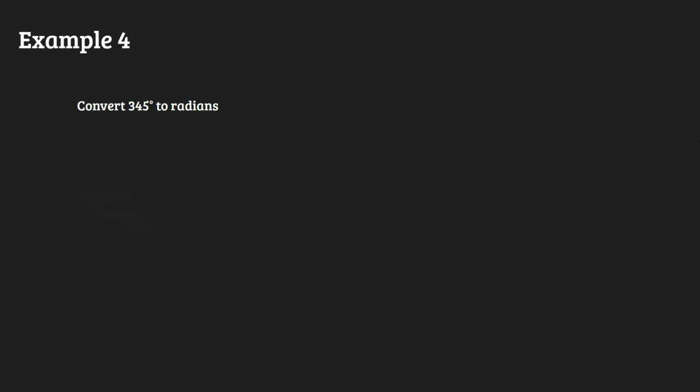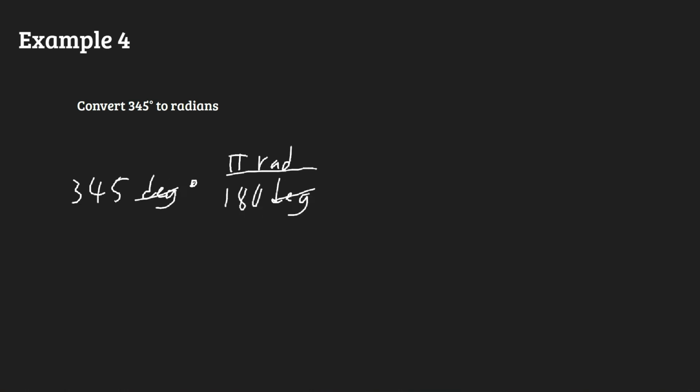So in this last problem here, we are going to convert from 345 degrees to radians. So let's start just with 345 degrees. And then we are going to multiply by pi radians divided by 180 degrees. And we do this just so the degrees cancel out there.